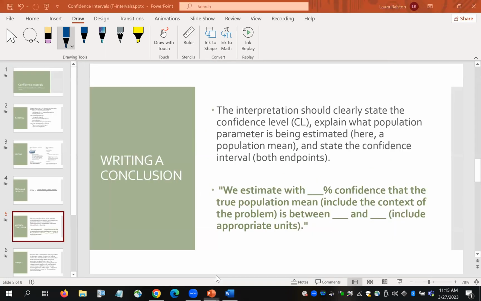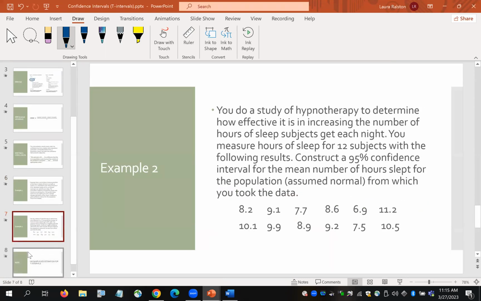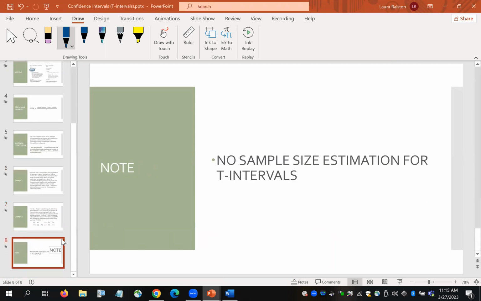Now, for T, we do not do a sample size estimation for T. T, the student's T distribution, is intended to be used with smaller samples. So it could be smaller. So we don't worry about calculating the sample size for a T interval.